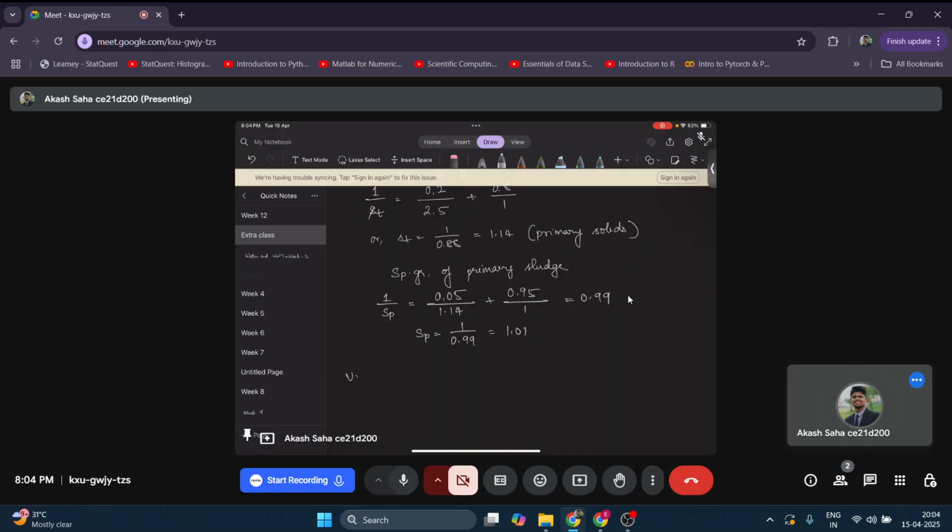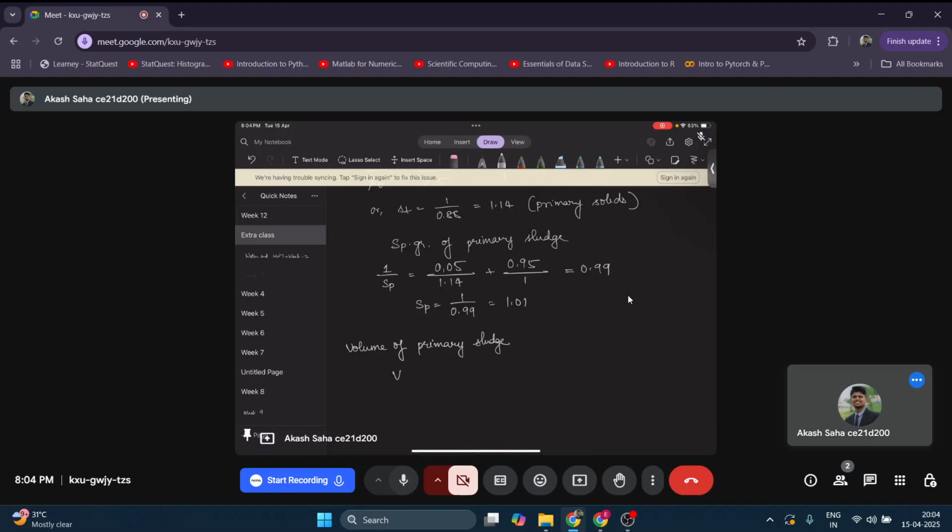So my volume of primary sludge will be 9.9 meter cube. Okay. So that's how we have to find out the volume of primary sludge.